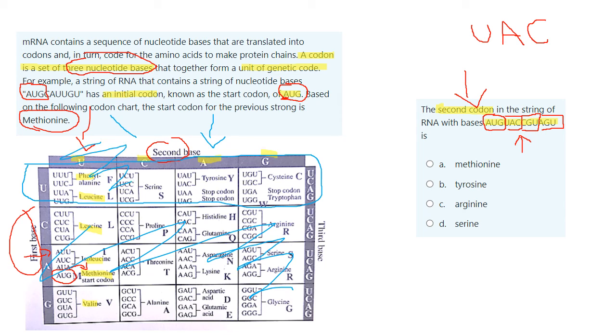So we can forget about these boxes and we can forget about this box. We're looking for UAC. Well, UAC is here. And UAC is tyrosine. So now, do we find tyrosine? Yes. Answer B, tyrosine. That is the correct answer.